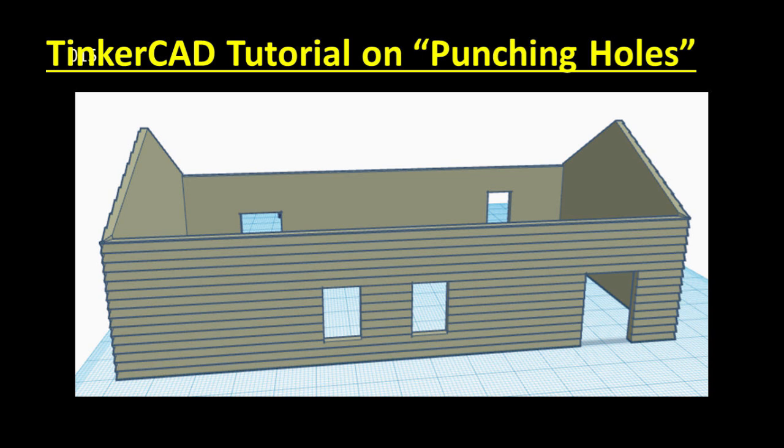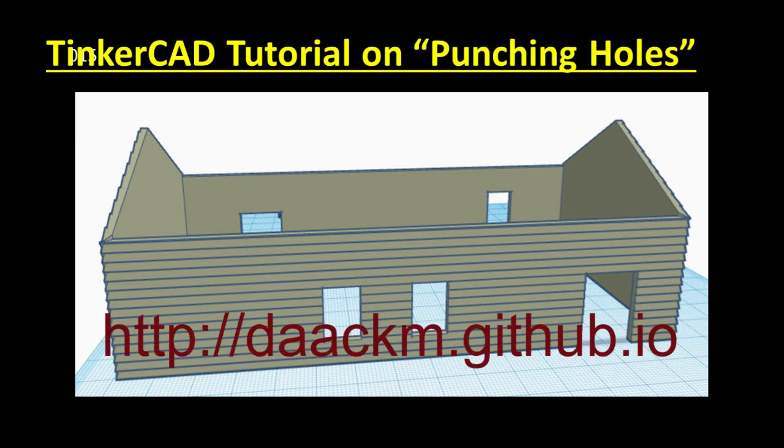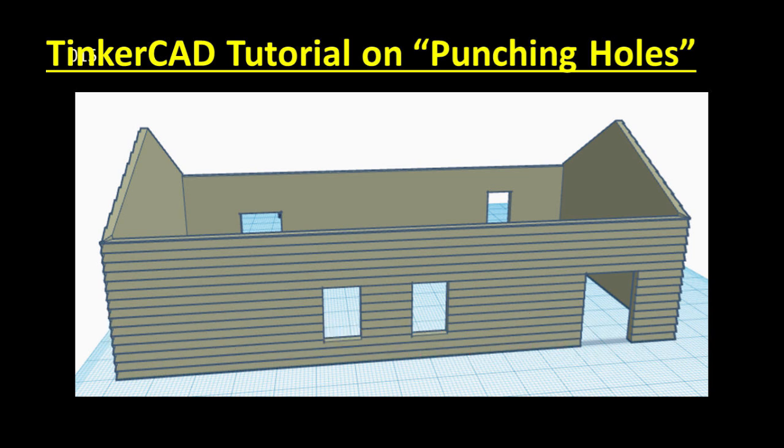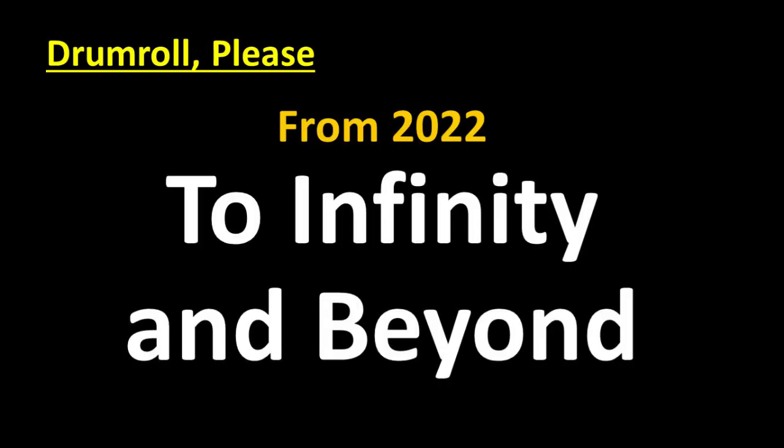And this tutorial is now available independently on my website at http://daackm.github.io. Learning how to punch holes and align objects are two of the 9 major things to learn with any CAD package. So spend 6 minutes with this tutorial and learn the basics of computer-aided design.